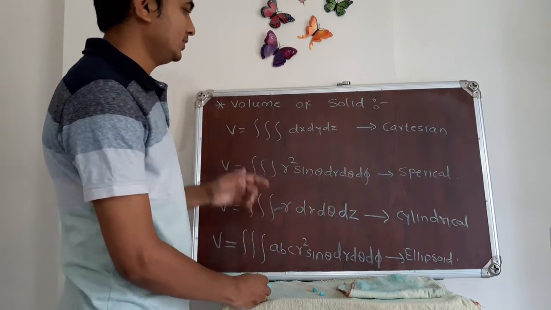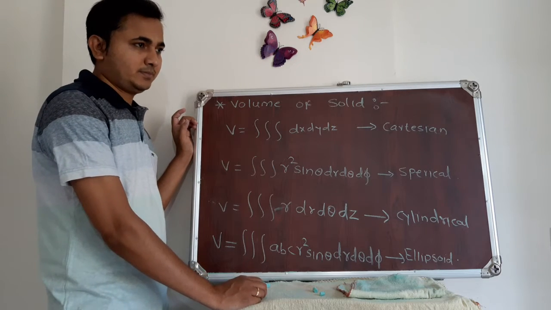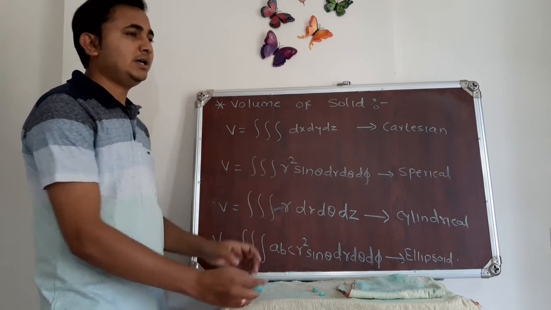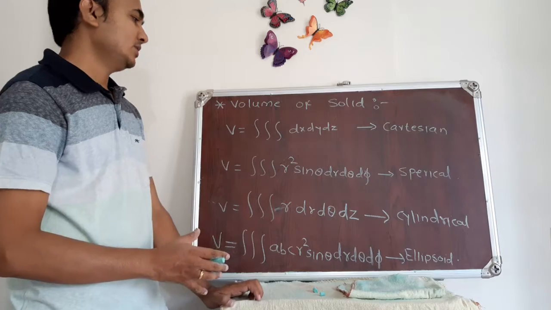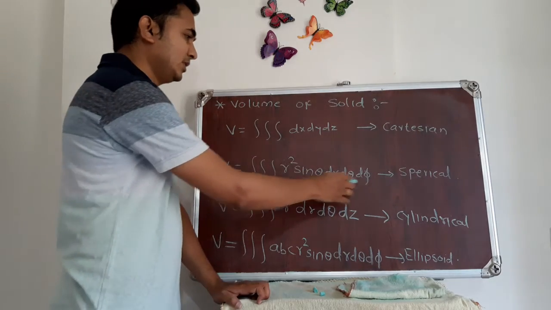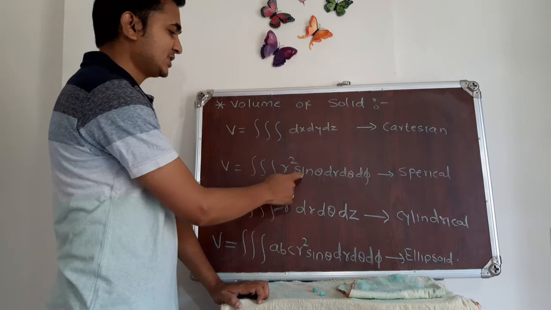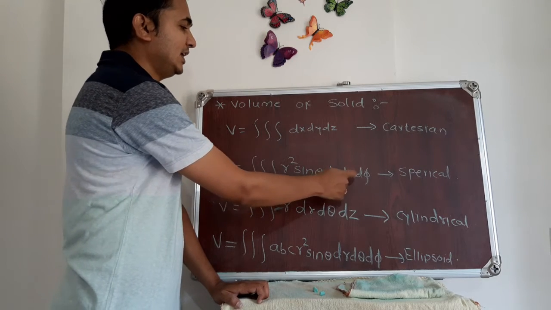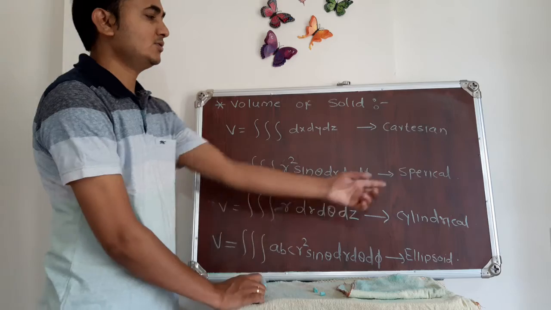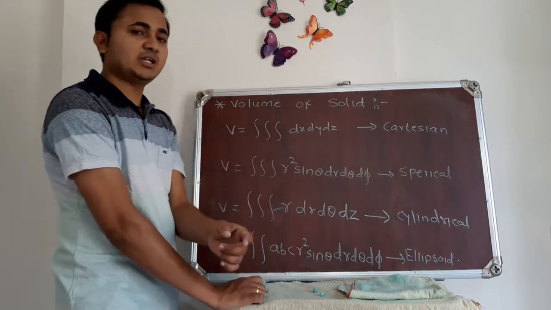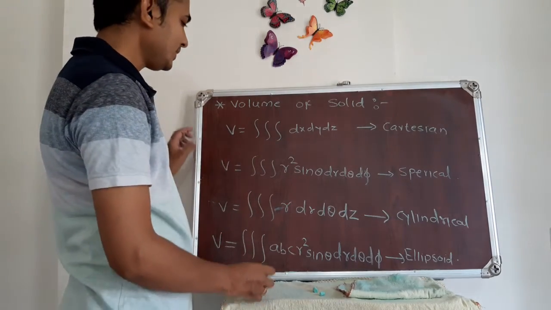If you want to find the volume bounded by some sphere, then you use spherical polar coordinates. In that case, dx dy dz becomes r square sine theta dr d theta d phi.